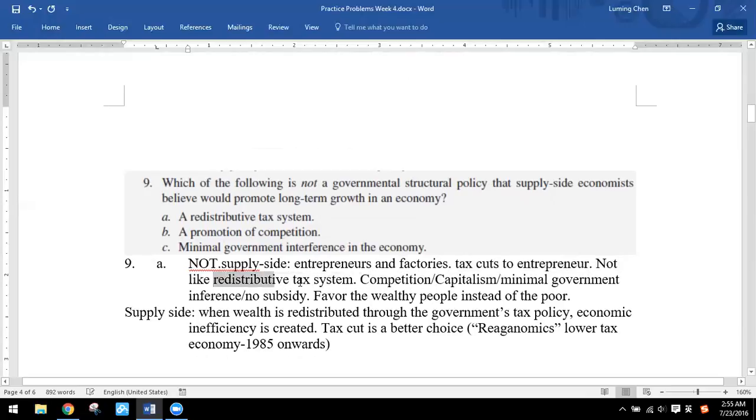So a redistributive tax system favorable to the poor people is not favorable to the supply-side economists. When wealth is redistributed through the government's tax policy, economic efficiency is created. And for the supply-side economists, tax cut is a better choice.